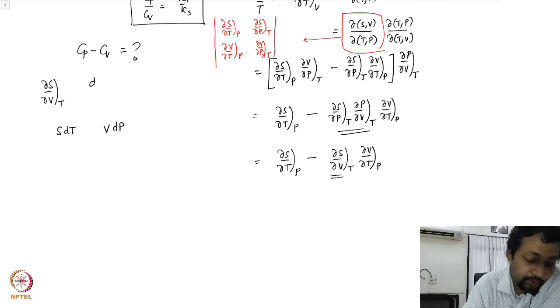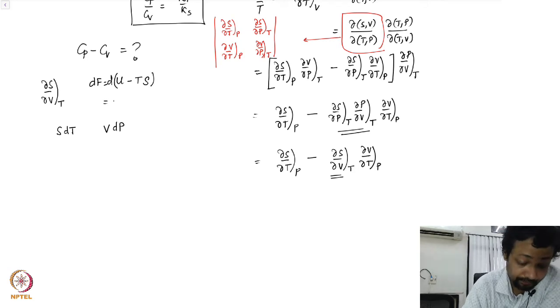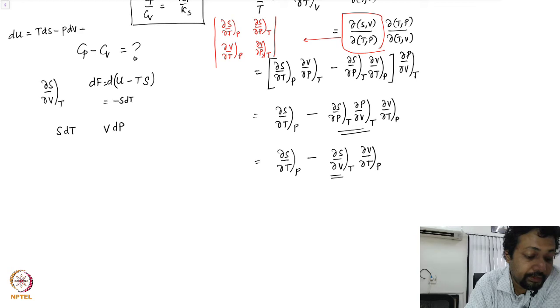If I just look at dF, which is U minus TS, d of U minus TS is minus S dT. Recall your first law again, dU is equal to T dS minus P dV plus mu dN.